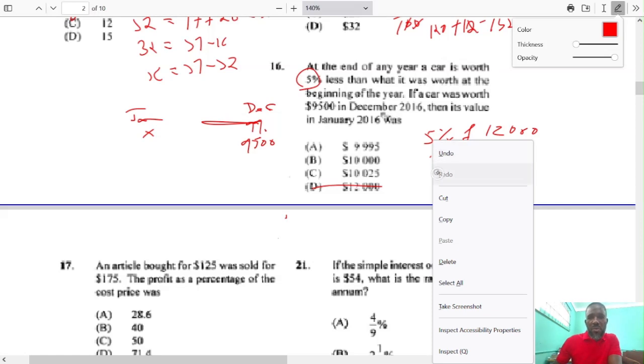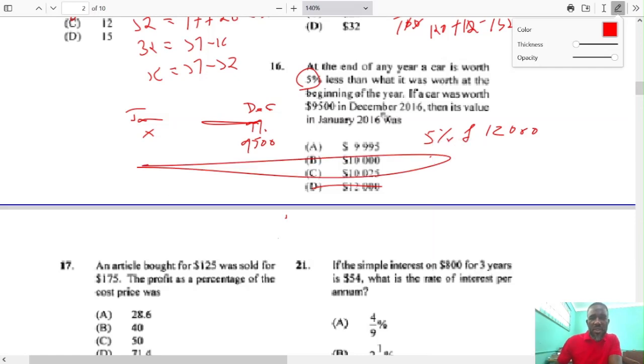So moving on, if we find 5% of 10,000, we are going to get $500. Basically 5 times 1 will give us 5, and 5 times 0 will give us 0, and if we divide this by 100, we are going to get 500.